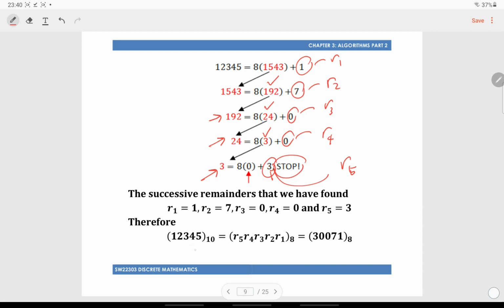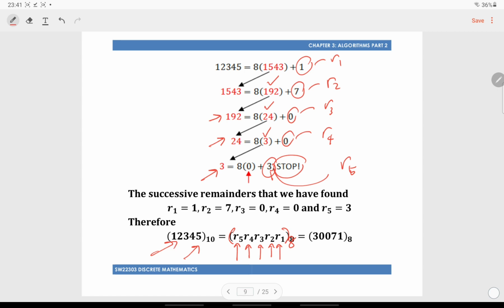Therefore the octal expansion of this decimal number is actually the remainders. We arrange the remainders starting from the last one, which is R5, followed by R4, R3, R2, and R1. We put them in parentheses and put subscript 8 to indicate this is an octal expansion of the given decimal number.